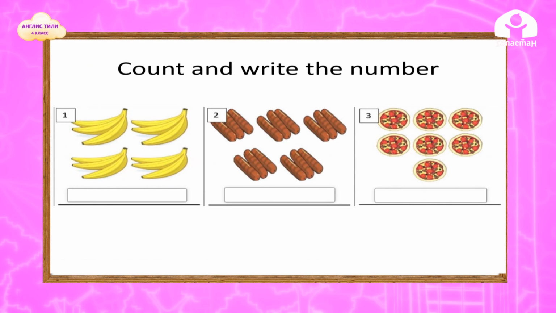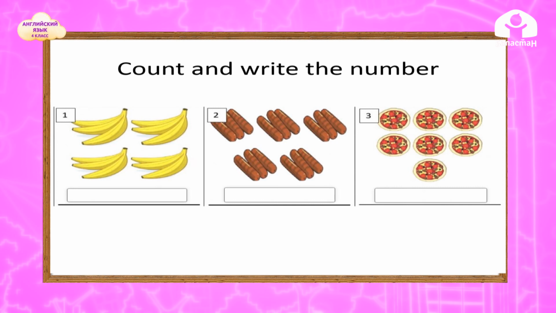You say how many, right. Now count. How many bananas do you see? And write. 1, 2, 3, 4, 5, 6, 7, 8, 9, 10, 11, 12.